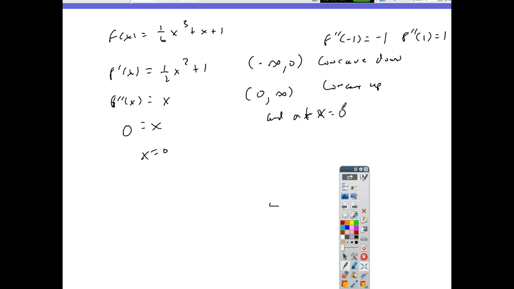So what do you call that? There is a point of inflection.